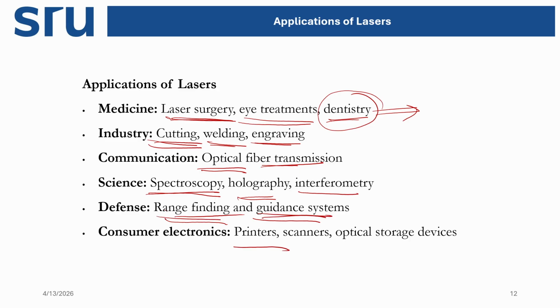Consumer electronics, for printers, scanners, optical storage systems. For those purposes also laser light is being used. So if you see, in a vast field, this laser application is there. So it is a very important topic.